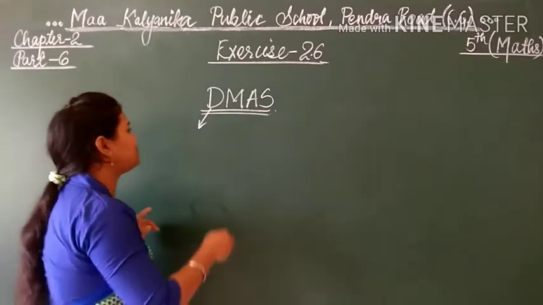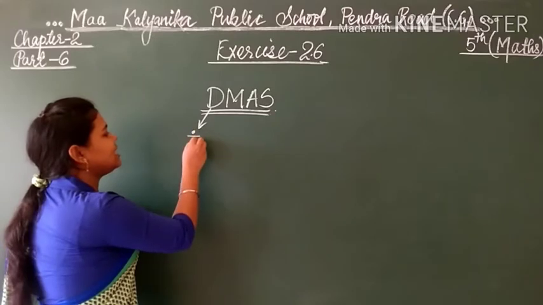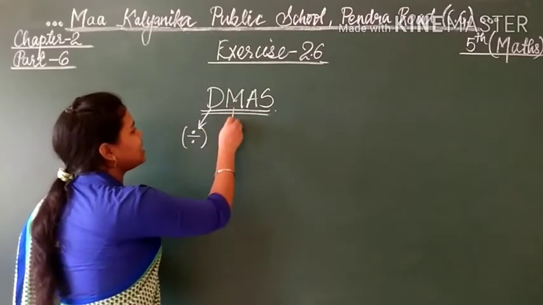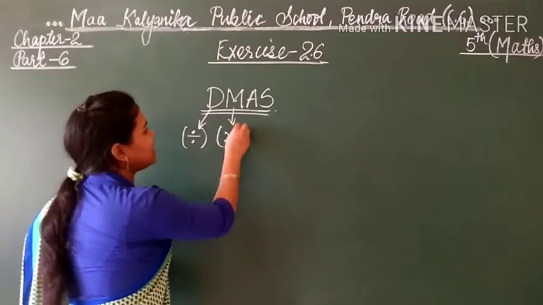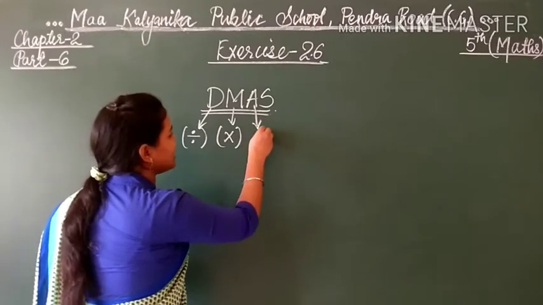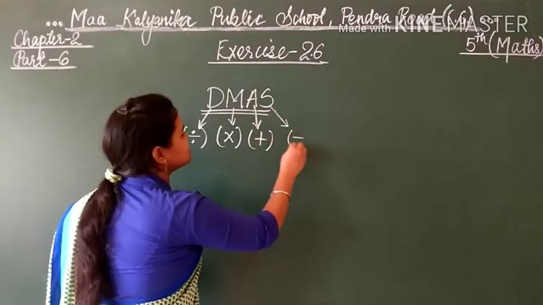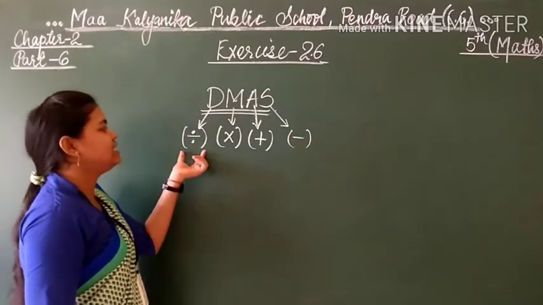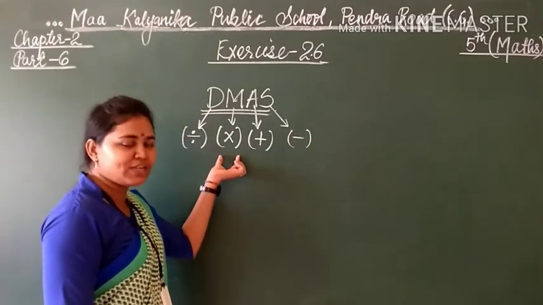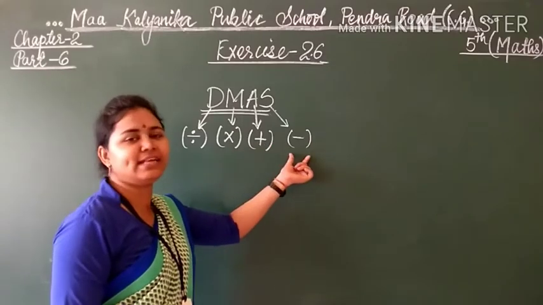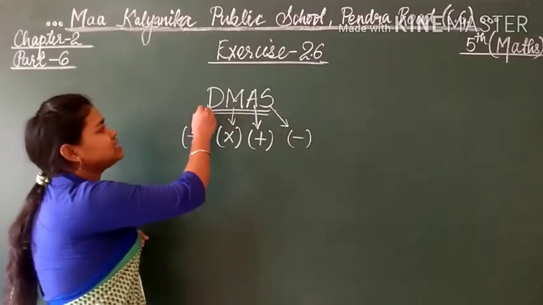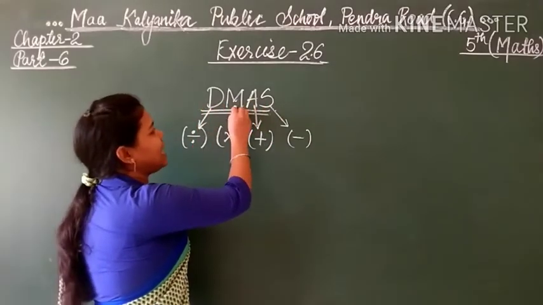D is divide, M is multiply, A is addition, and S is subtraction, minus. Division, multiplication, addition, and then subtraction.